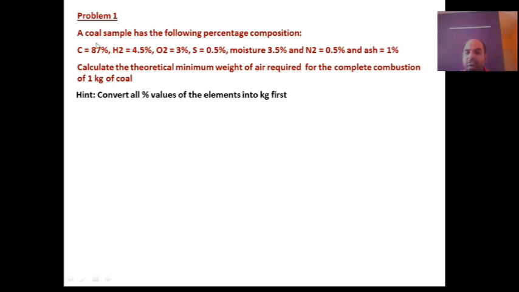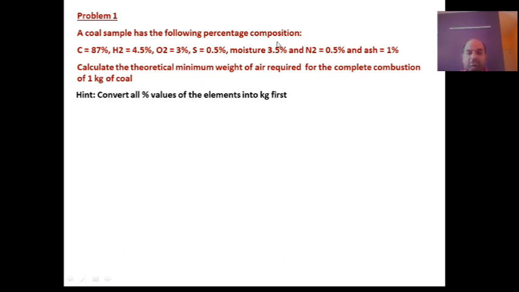Since it is 87 percentage, it will be 0.87 kilograms, or in grams, 870 grams. Similarly, if you do the same conversion, hydrogen will be 45 grams, 30 grams of oxygen, and 5 grams of sulfur will be present in 1 kilogram of coal.